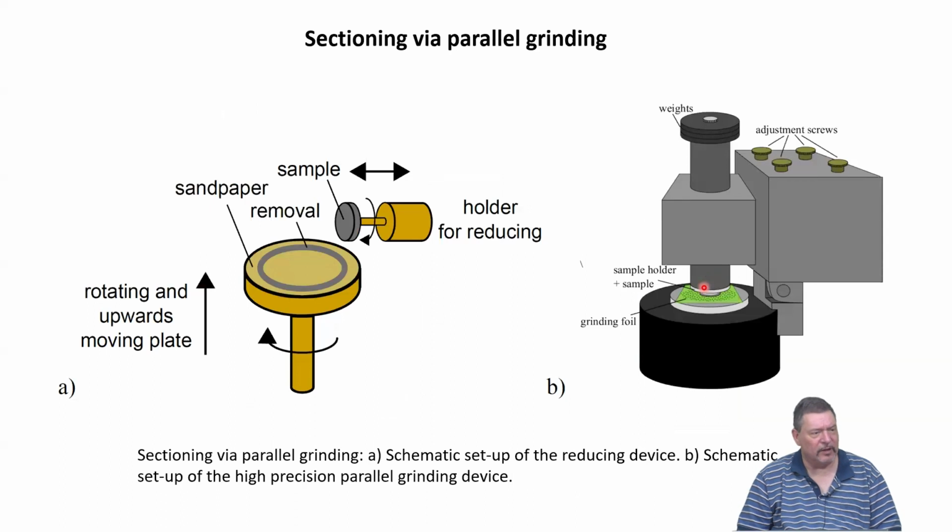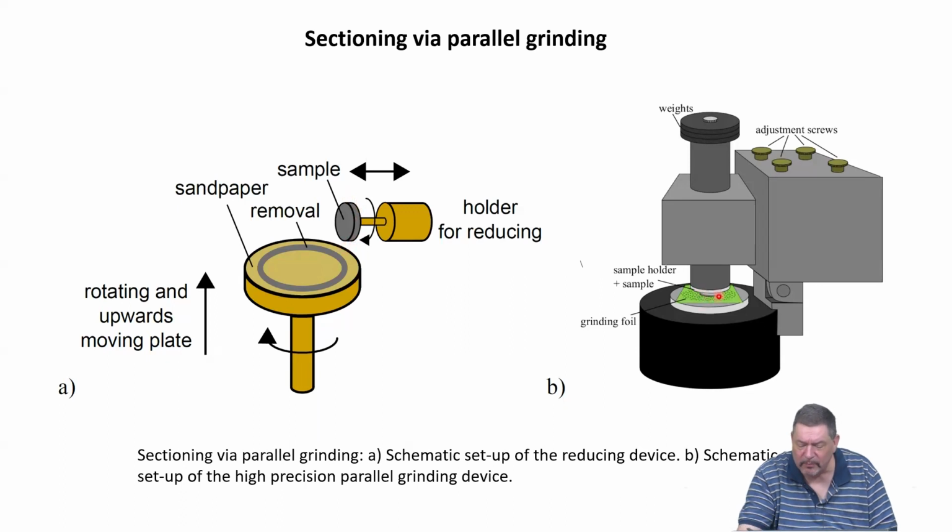If you have a less thick diffusion profile, you basically go for the parallel grinding method. Again, you use a sample, typically rotated on a rotating holder to cut out the sides for avoiding lateral and surface diffusion.